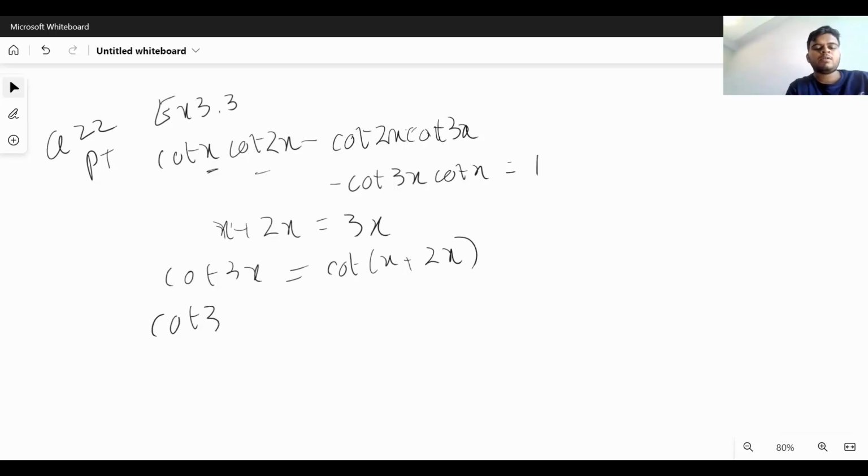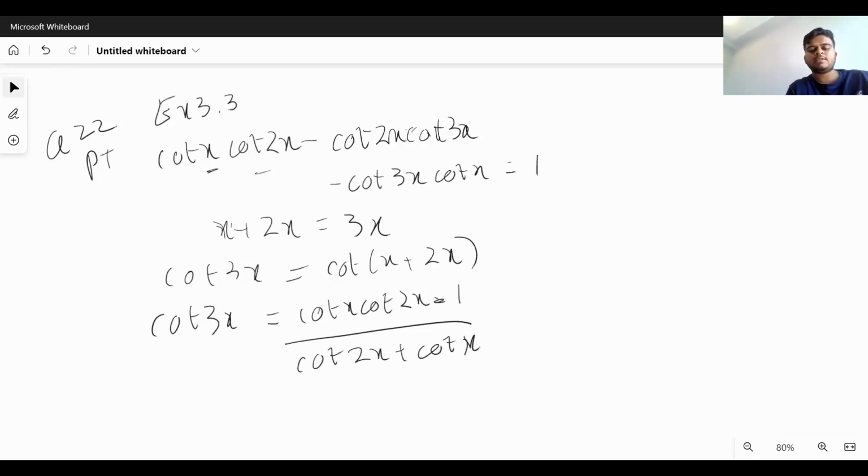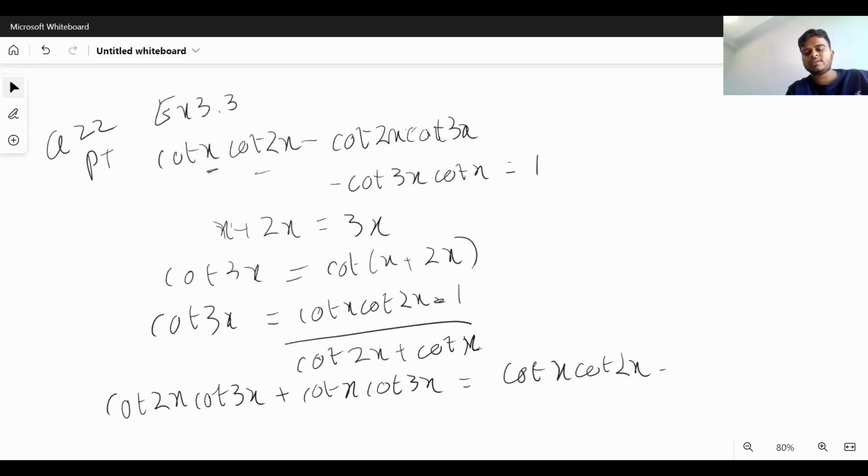I have cot 3x as cot x cot 2x minus 1 upon cot 2x plus cot x. Correct? Now we'll multiply the denominator to the RHS and let's see what we get. We get cot 2x cot 3x plus cot x cot 3x equals cot x cot 2x minus 1.